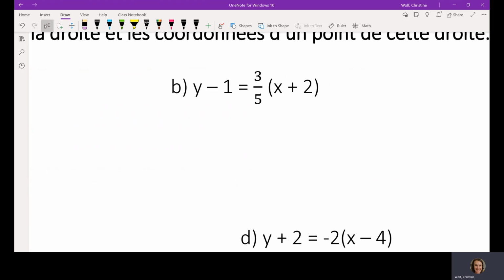On fait une autre. OK, so ça c'est très facile. La pente est toujours ce qui apparaît en avant des parenthèses. So c'est 3 sur 5. Then, si je demande de me donner quel sera un point sur cette droite, ça sera quoi? Who can help me? Trey, quel sera le point?